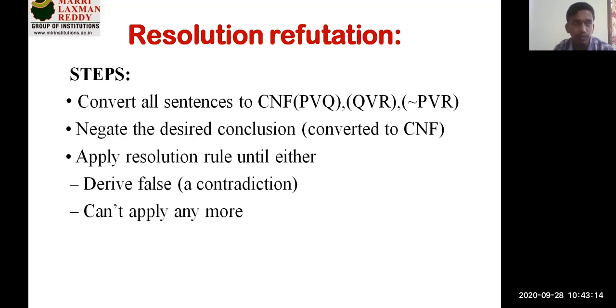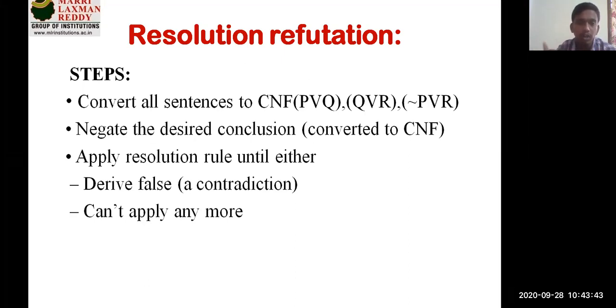So when you are given some set of premises, similar to your rules of inference, you can apply any of your rules, and finally you need to convert it to your conjunctive normal form, that is in the form of P or Q, or Q or R, or negation Q or R, in any manner. You need to have an or separation between your premises, P or Q.